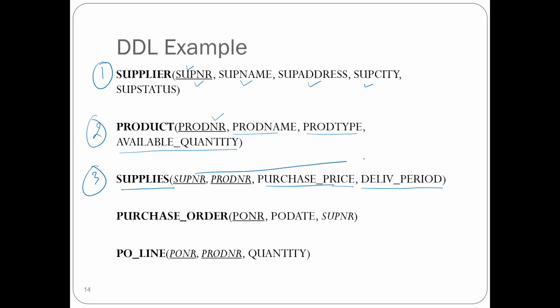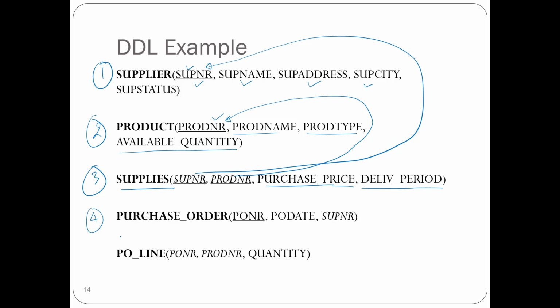SUPNR is the foreign key that is referring to the primary key SUPNR from the supplier table, and PRODNR is another foreign key which is referring to the PRODNR attribute of the product table. These two attribute types taken together will form the primary key. That's the reason these two are underlined, and these fonts are italicized or slanted because they are the foreign keys.